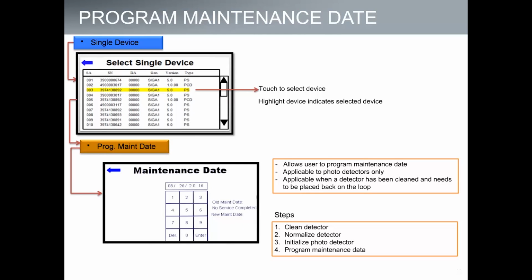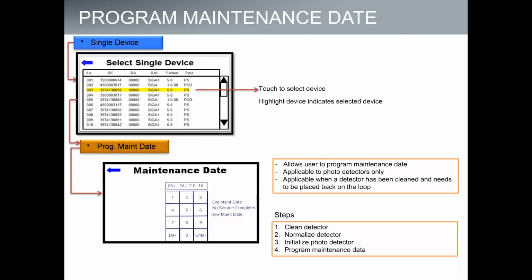Program maintenance date. This function is useful when a user performs maintenance on a photo detector and needs to update the maintenance date register on the detector. First, press the Program Maintenance Date button. Next, delete the current date by pressing the DEL key on the keypad if the date is incorrect.